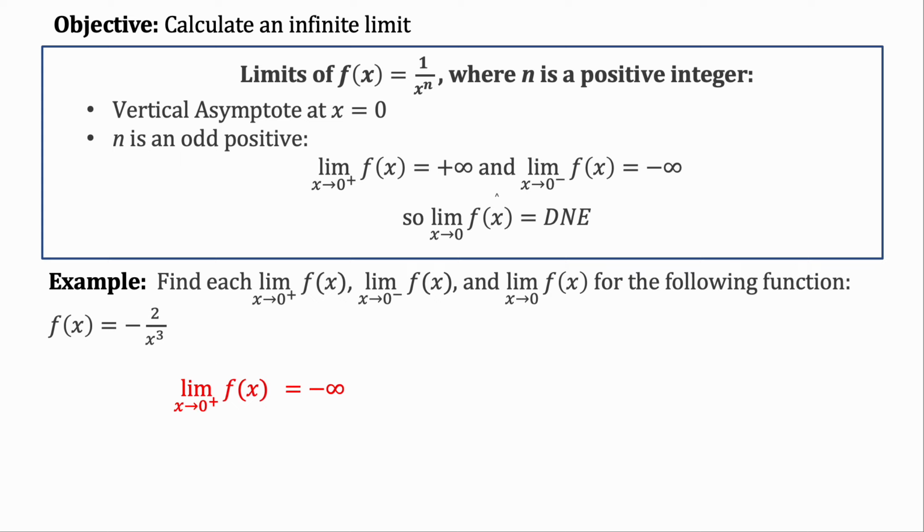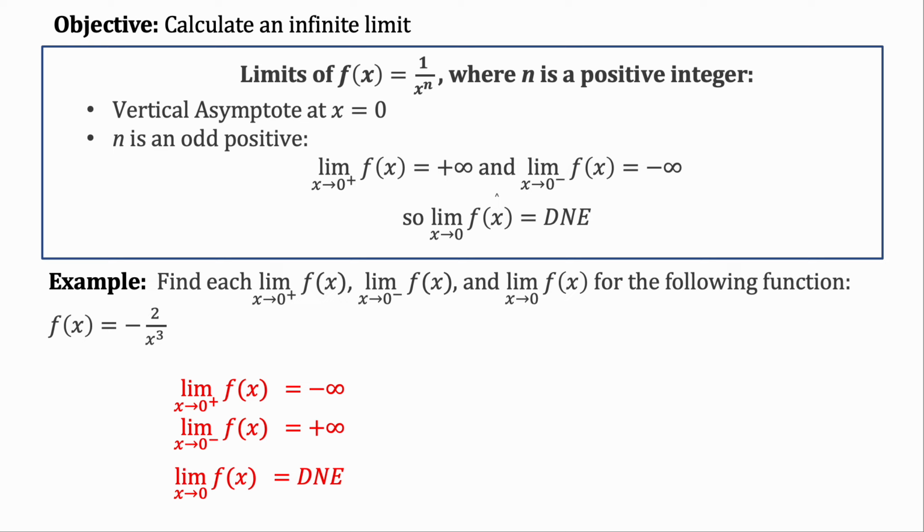So as we approach 0 from the right, we're going to head now to negative infinity. As we approach 0 from the left, we are going to go up and head to positive infinity. So as we approach 0, that limit wouldn't exist.